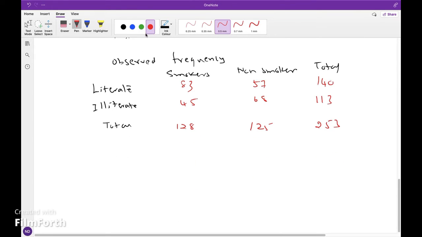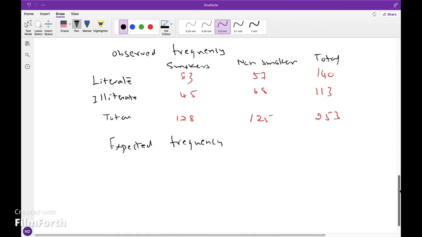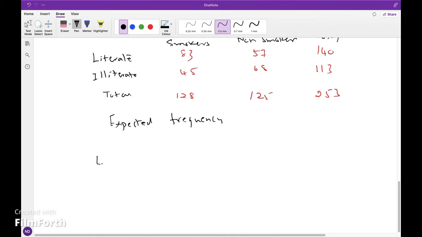Now find the expected frequency. Literate, illiterate, smokers, non-smokers, total.